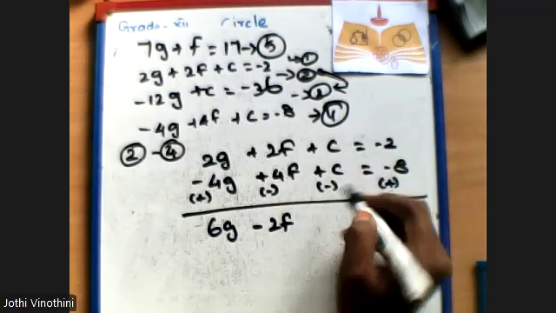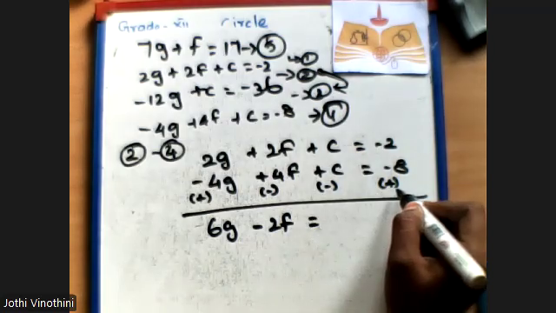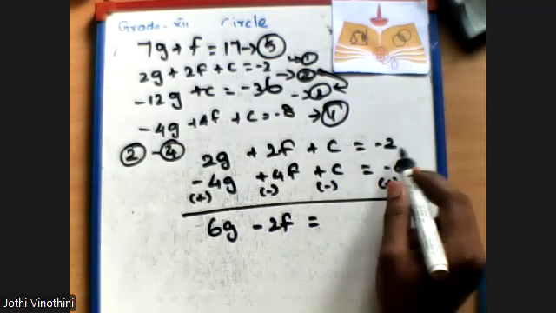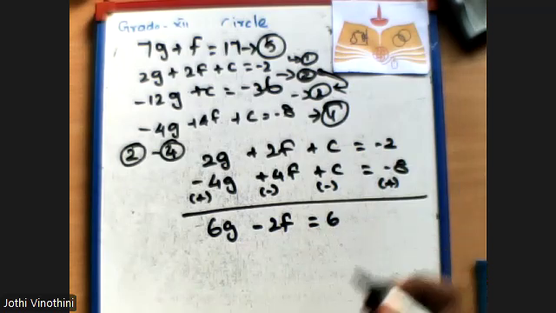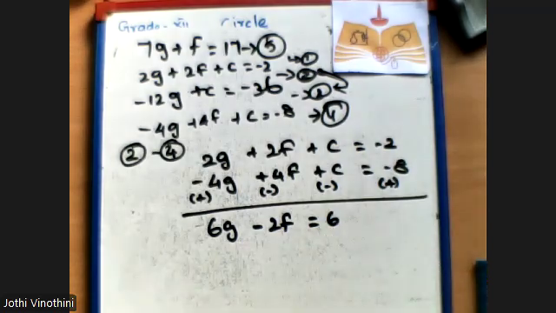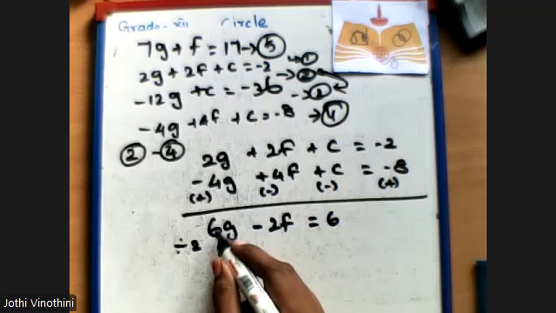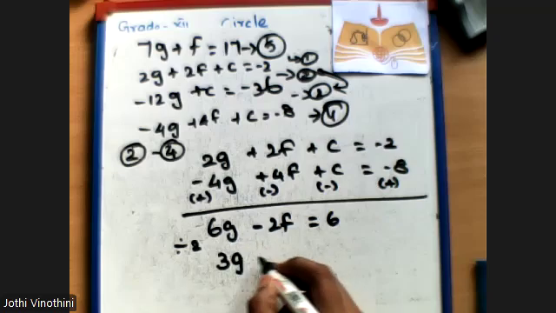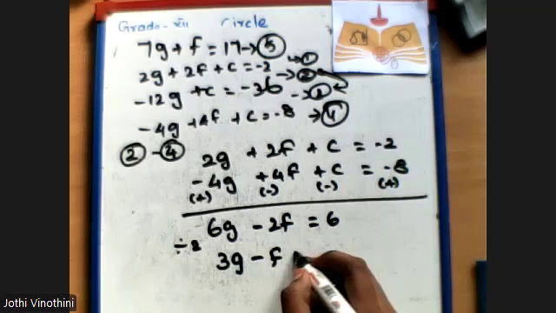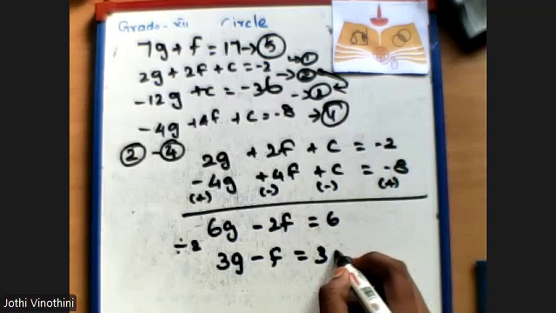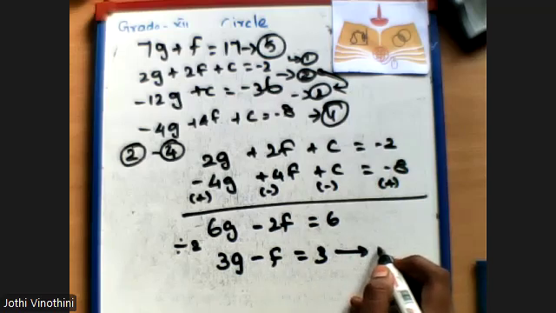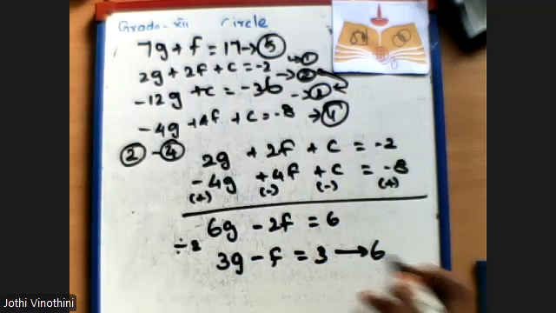C and c will get cancelled, which equals plus 8 minus 2, which is plus 6. Clear? I'm going to divide the equation by 2. So 6 by 2 will be 3g minus f, which equals 3. I'm going to consider it as equation number 6.